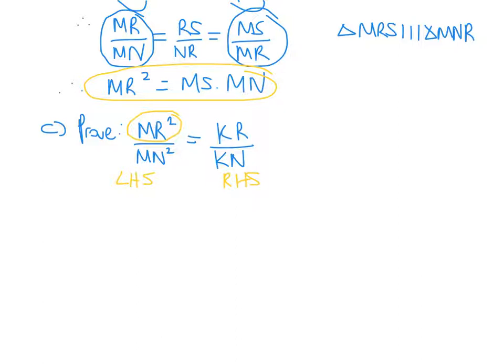That has already been proven to me. So if I substitute it in there, therefore, MS times MN over MN squared is equal to KR over KN, in other words.